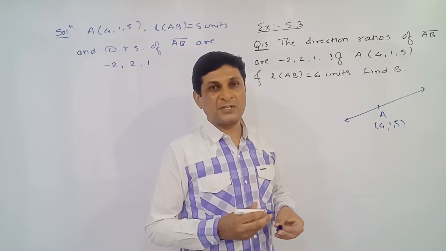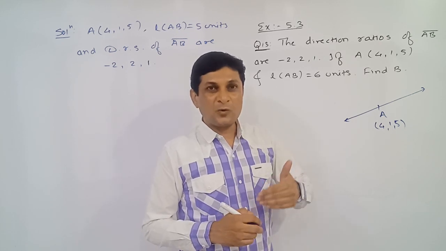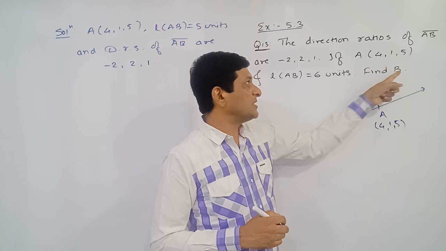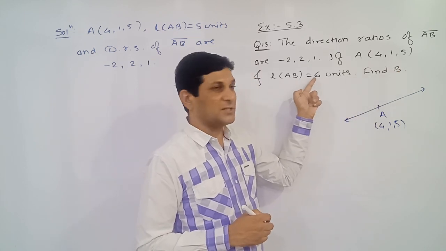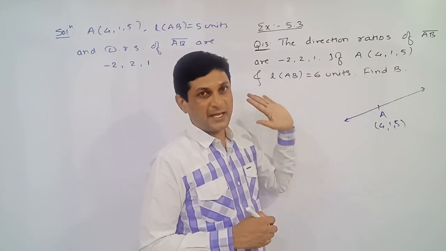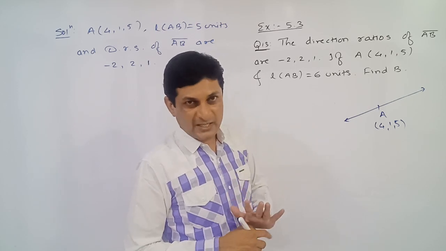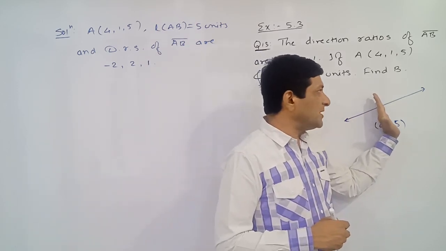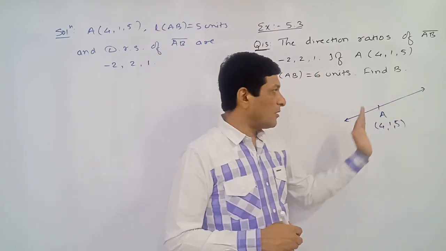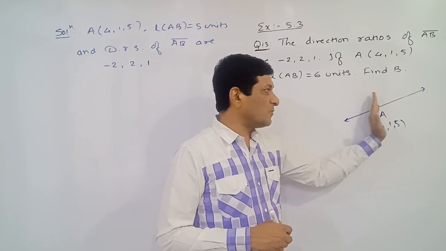AB is equal to 6 means we have to find such a point B which is at how much distance? 6 units, from which point? A. Now there are two possibilities. Maybe point B is on the right hand side of A, or maybe point B is on the left hand side.